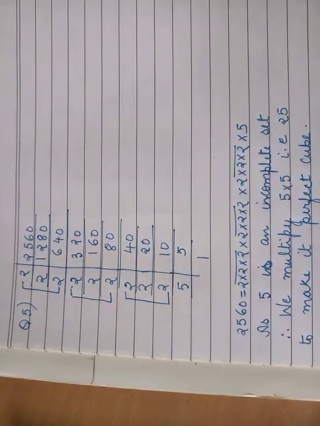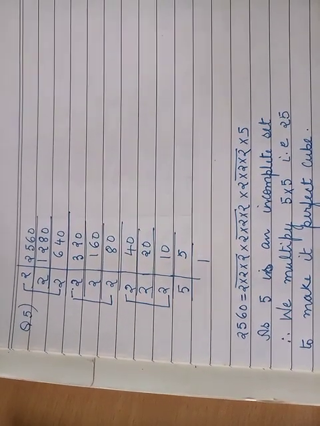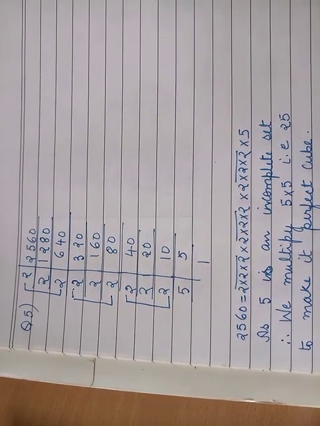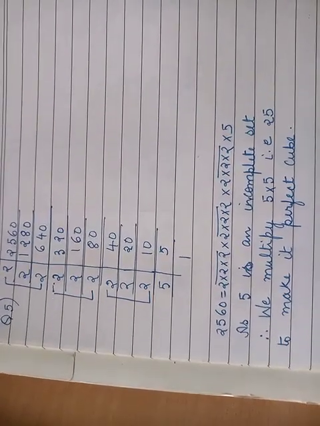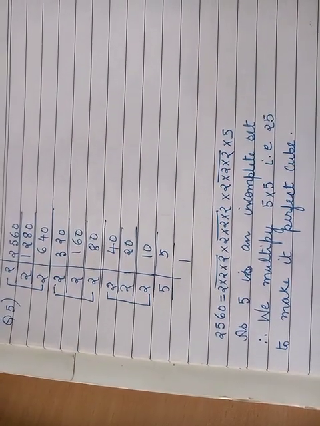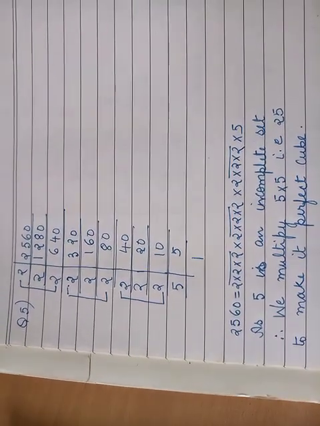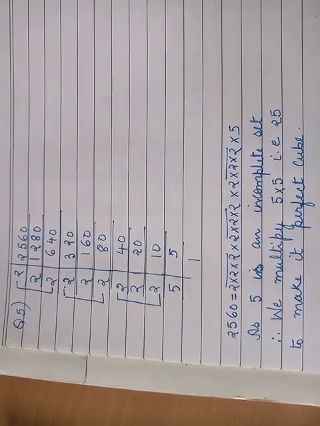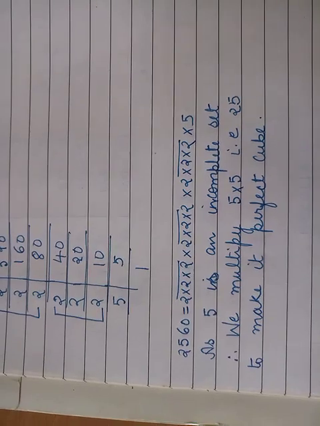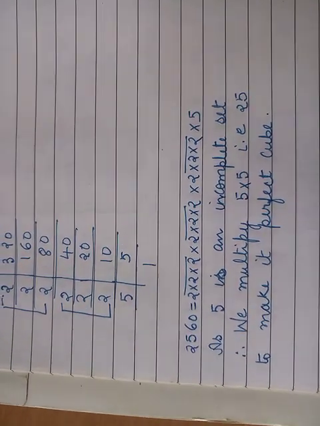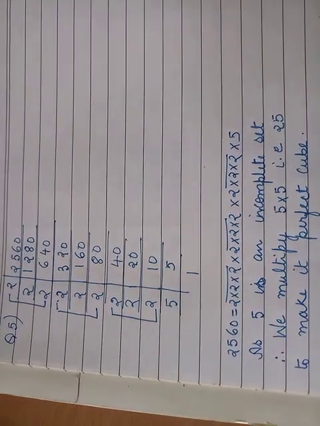So what we are going to remove here? 5. So to make it a perfect cube, if they ask you what should be divided, we divide it by 5. But when they ask you to multiply, then we have to complete the set of 3. So that's why we multiplied with 25. For division, as 5 is having an incomplete set, we divide it by 5. Okay children, so you can do question number 4 similarly.